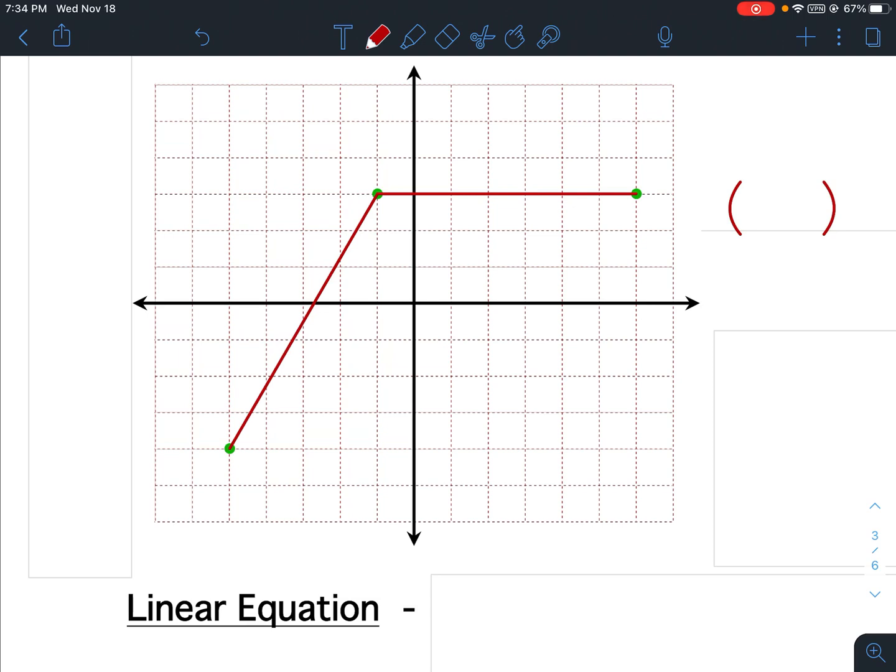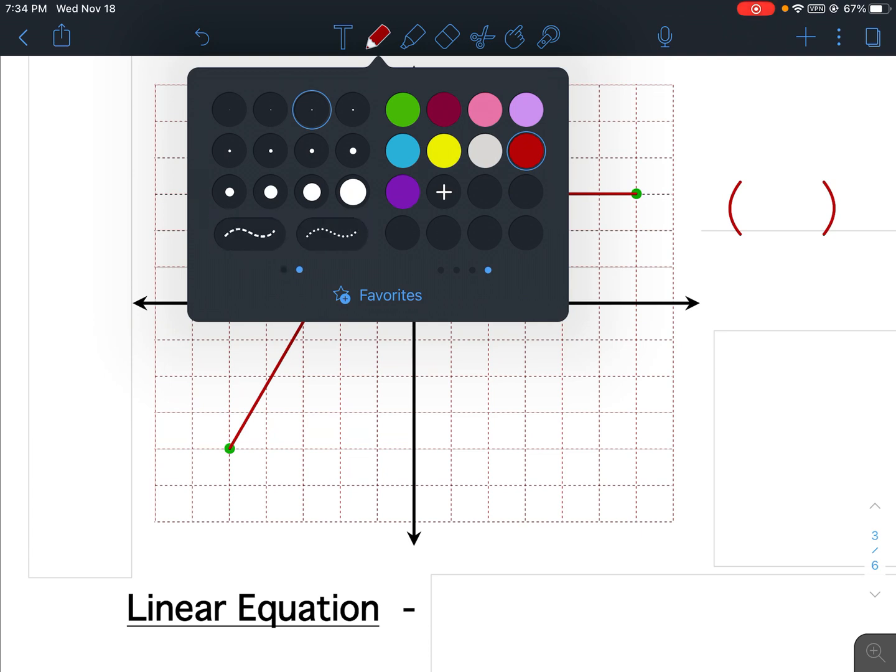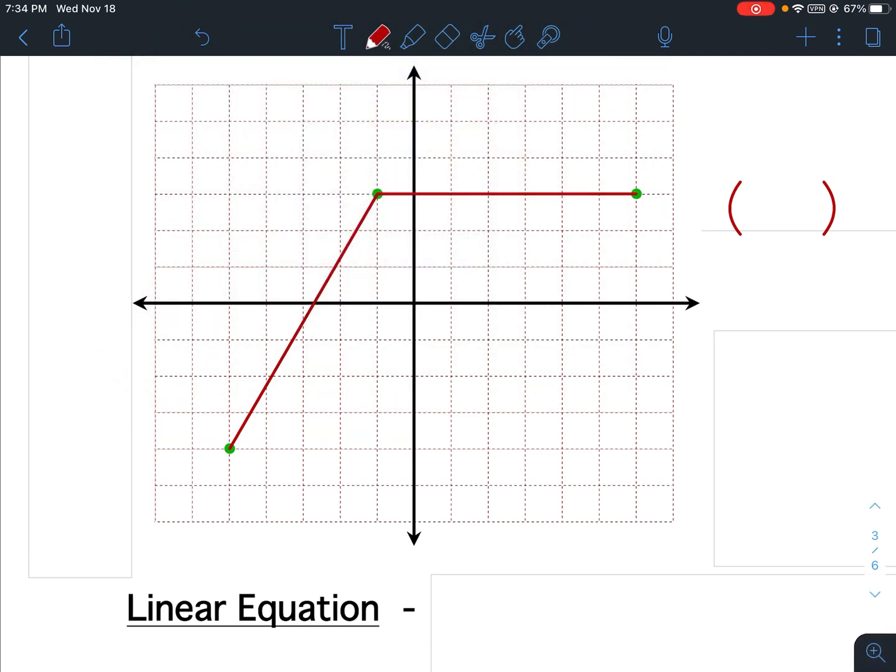A common mistake a lot of students make is they want to do the same thing we did with the rectangle. Don't do this: they draw a line down this way and a line this way, and they call this point right here their fourth vertex. But that's not a parallelogram. That is actually a trapezoid, with one set of parallel sides, not two sets. So that is not correct.